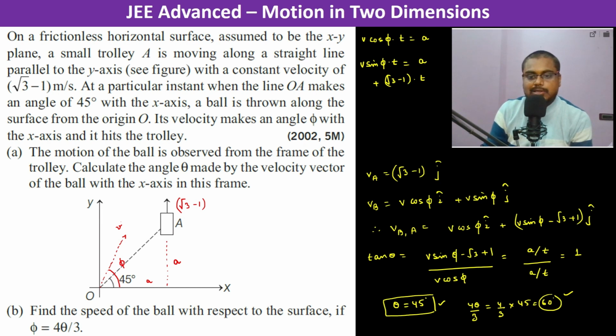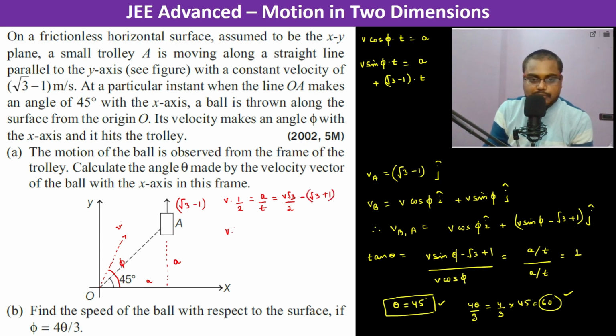We can write v into cos phi is A by t, cos 60 is 1 by 2, and v sin phi is v root 3 by 2 minus root 3 plus 1.